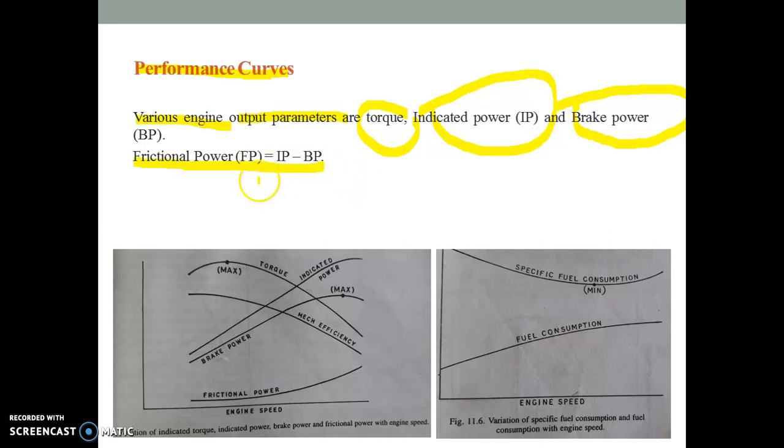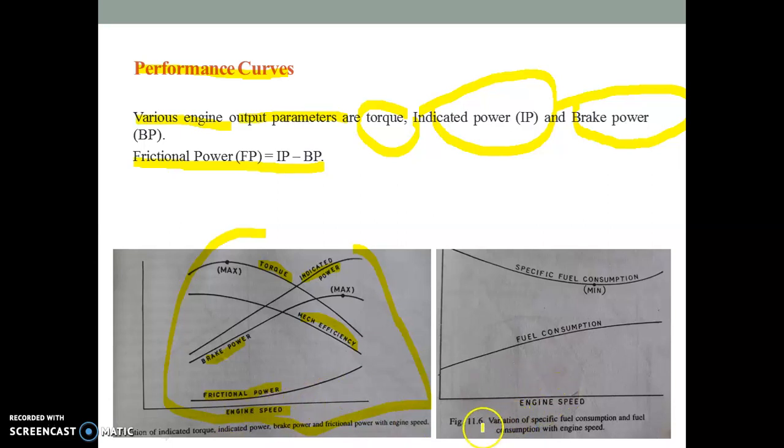So that is shown in this graph, how torque, then indicated power, then mechanical efficiency and the brake power with respect to the engine speed are mentioned. Also there is the variation in the frictional power as the engine speed increases. So this is the variation of engine torque, indicated power, brake power and frictional power with the change in the engine speed.